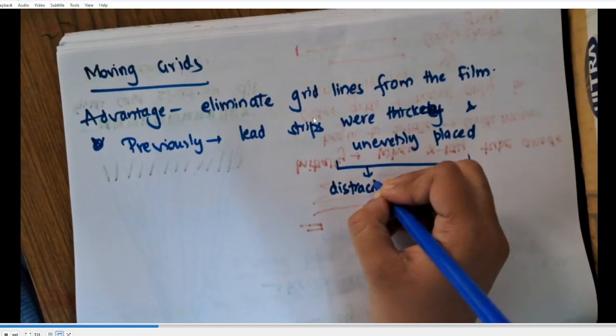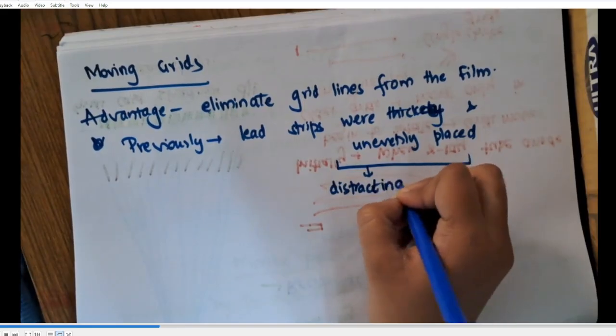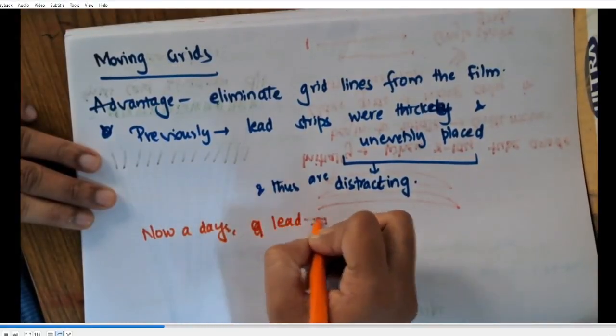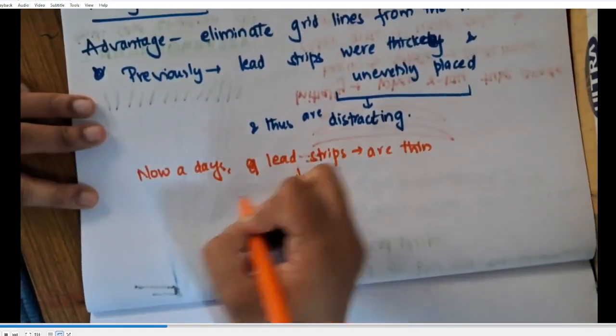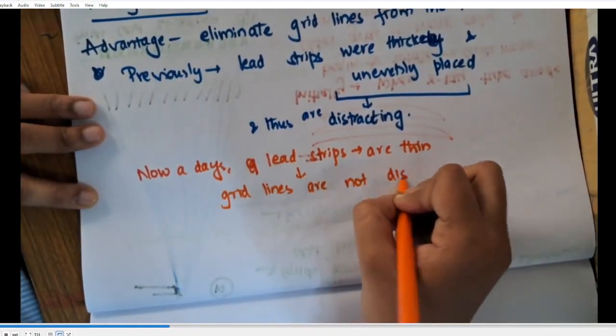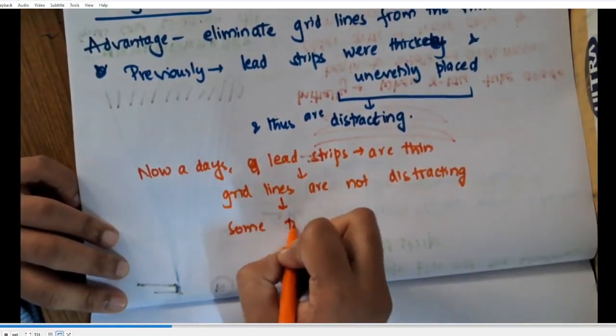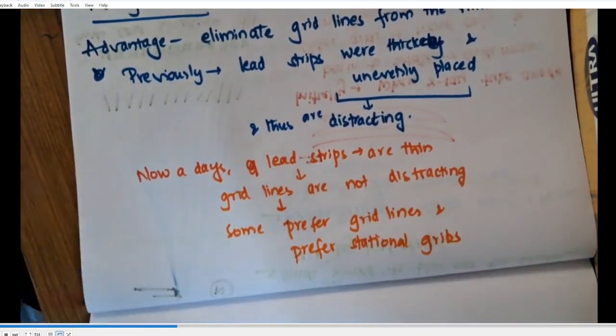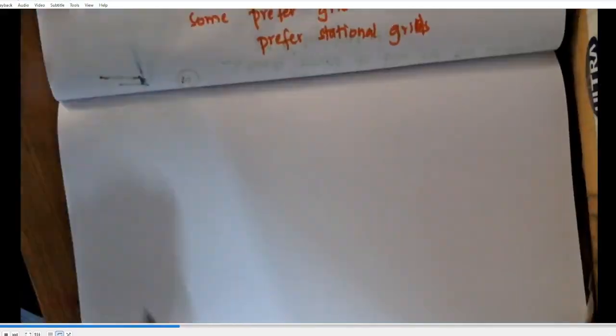Previously, when the lead strips were thick and unevenly placed, the grid lines were distracting. Nowadays, the lead strips are thin and equally placed, so the grid lines are not as distracting.